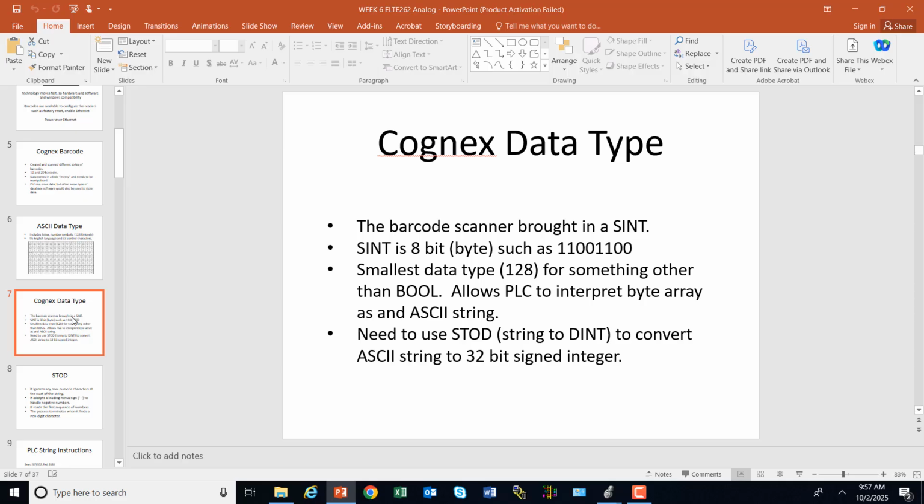Because of 8-bit bytes, that allows the PLC to interpret the byte array as an ASCII string. When we got that ASCII string, like I said, it was messy. So we used STOD string to convert that ASCII string to a 32-bit signed integer.